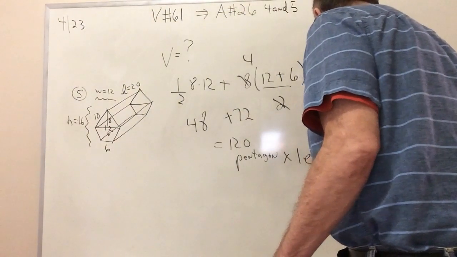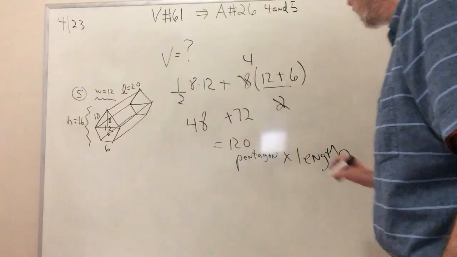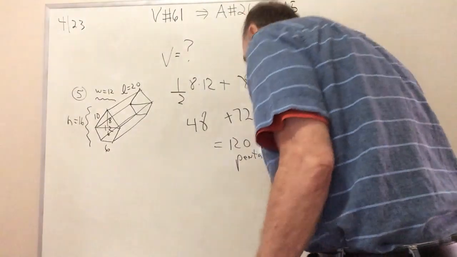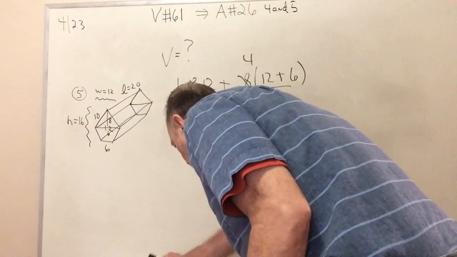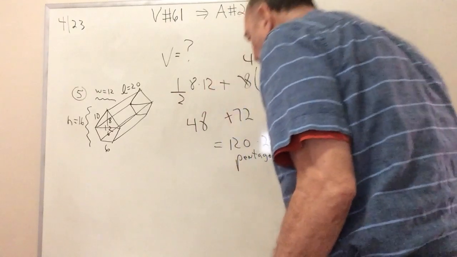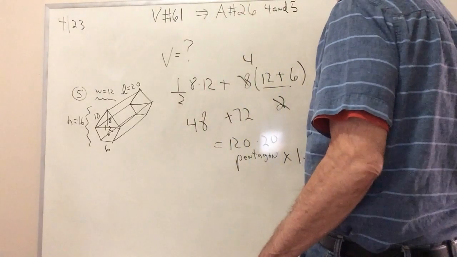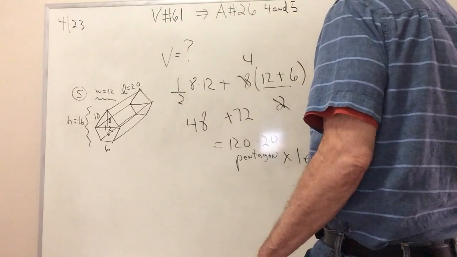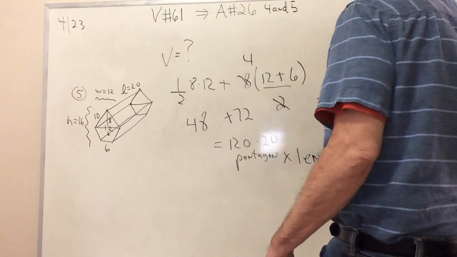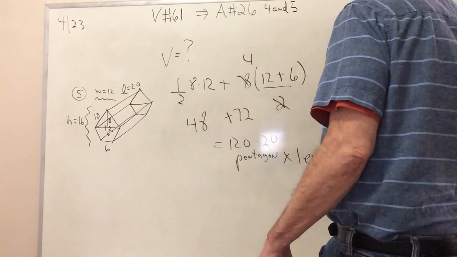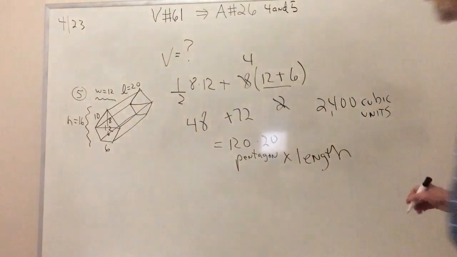As we mentioned before, you're responsible for that on your test. And that's 20. And when we write all that out, we should be able to easily come up with the 2 zeros this time. 2,400 cubic units.